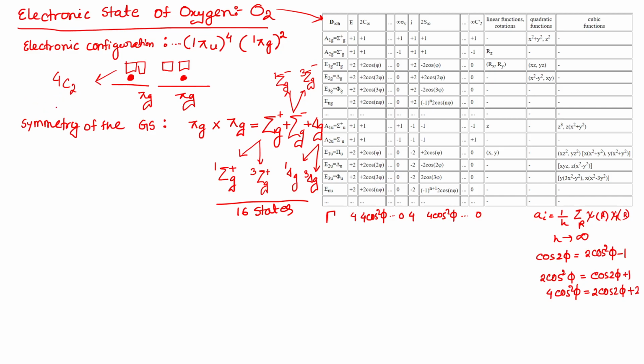That would be 4C2, and it is actually 6. So the possibility is 6, but from here you are seeing that if you take all of them, then it is 16 states. So for that, you need to take care of the anti-symmetry principle.